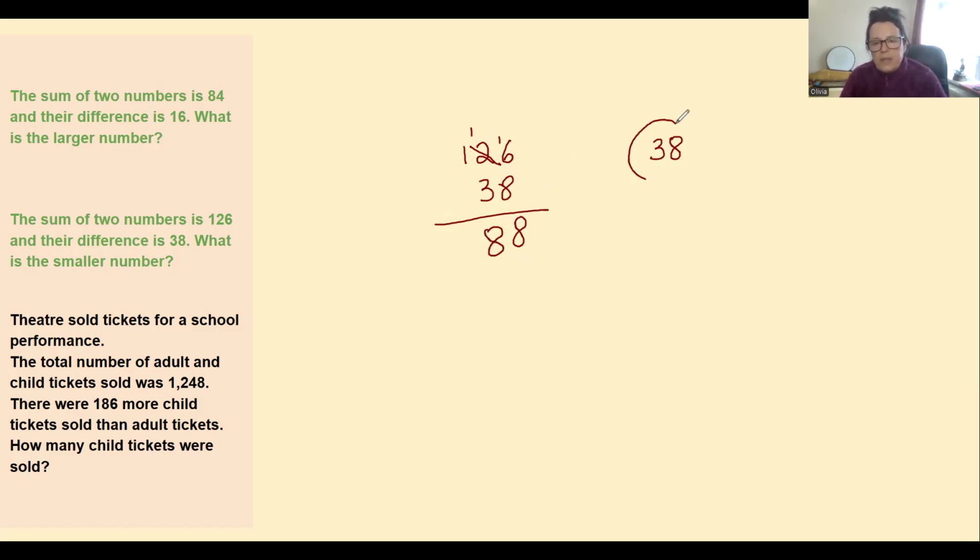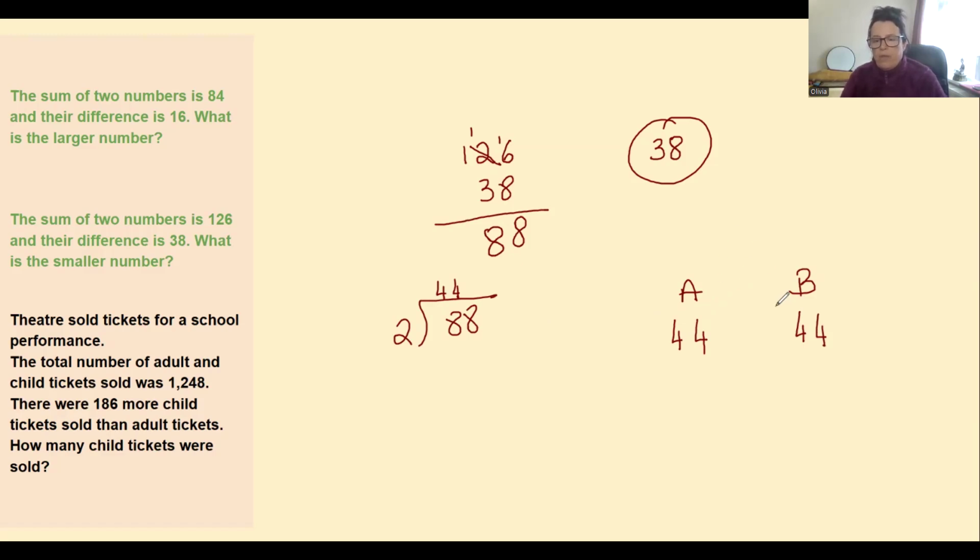So this is my difference between the two numbers A and B. However, if A and B were equal, they would total 88, which means 88 divided by 2 gives me 44. So A is 44, B is 44.